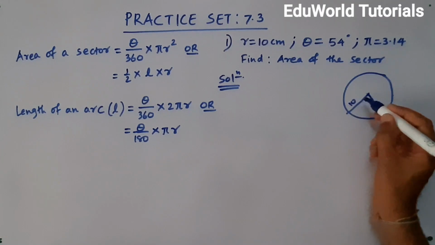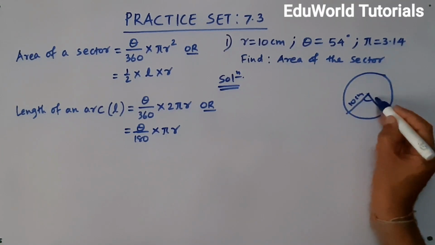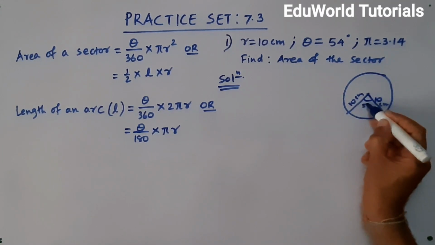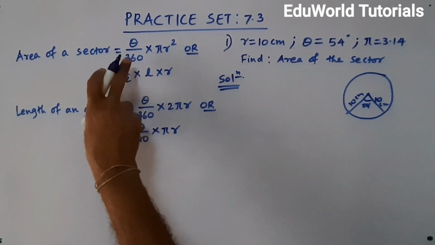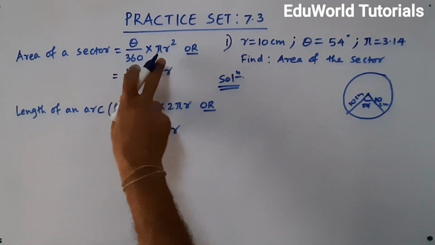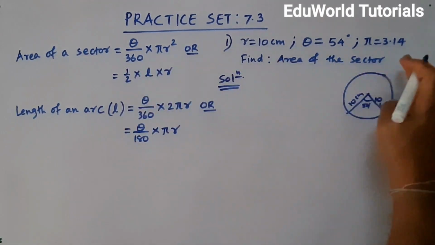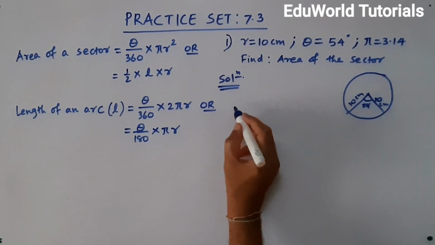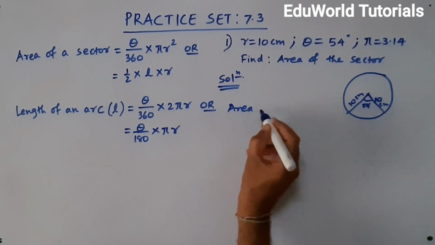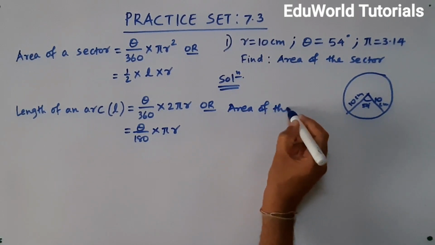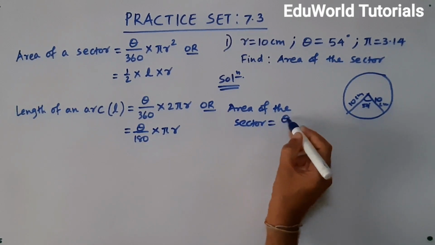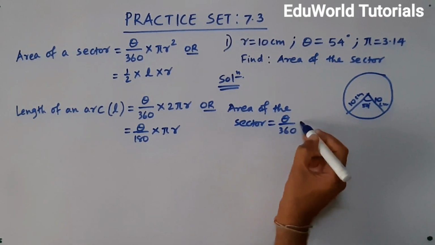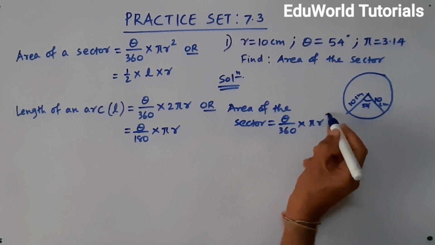This is 10 centimeter, this is also 10 centimeter, and this angle is 54 degree. We have to find area of this sector. Which formula will we use, students? First formula, theta by 360 into pi r square. Remember, pi we have to take as 3.14. Area of the sector is equal to theta upon 360 into pi r square.